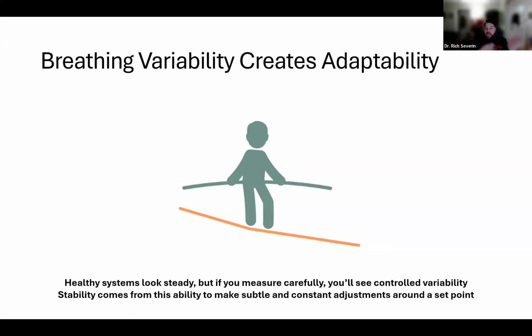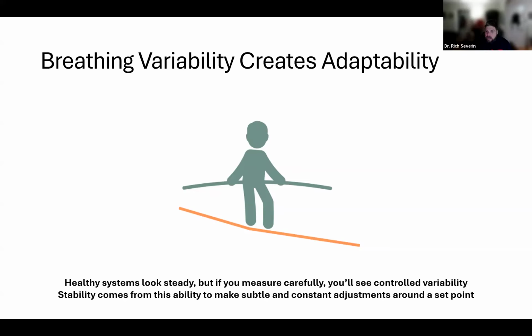Unhealthy would be chaotic, wide swings. We don't want that, right? But we don't want rigid either. So again, just thinking about how we contextualize and operationalize what a normal breathing pattern is. One, everyone's going to be a little bit different. Everyone's anatomy is going to be a little bit different. And no one's breath is exactly the same breath to breath, because of the way that our healthy respiratory control centers work.